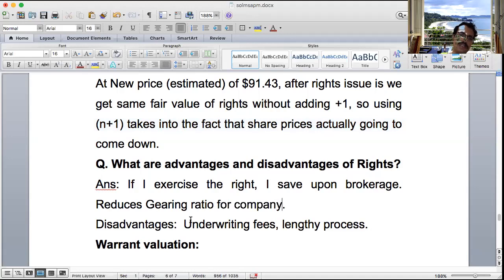But the disadvantage is that the company has to pay the underwriting fees, which is a lengthy process, and for an investor also it is a lengthy process. For the investor, in 1 month you have to wind up whatever you were thinking of, because that is the expiry time, say 45 days, of a typical rights issue.